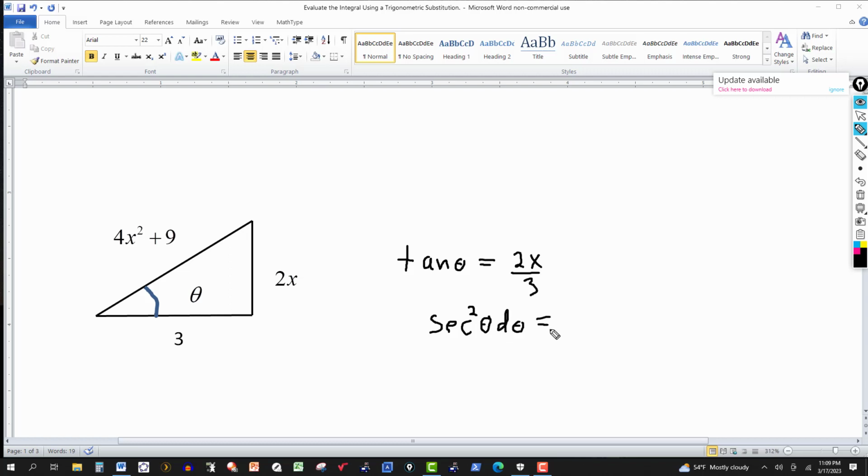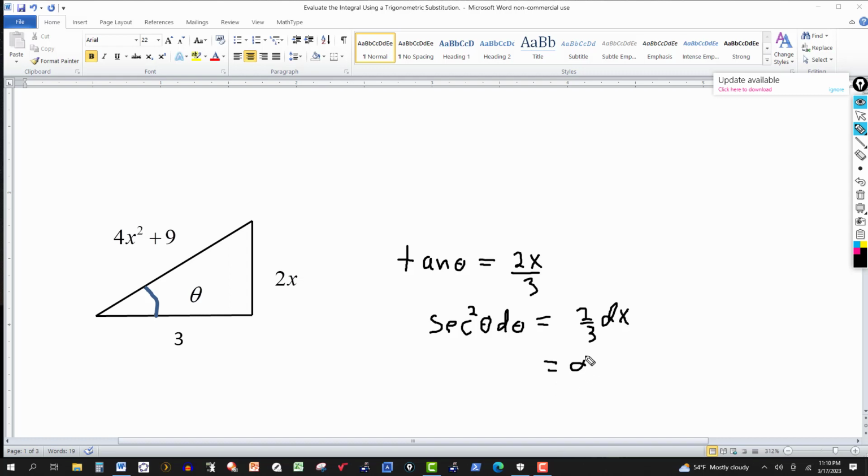So just like we do with the regular standard u substitution, we let u be something, and we want to transform the integral into something in terms of u instead of x, so that we can find maybe an easier way to find the value of the integral. The derivative of the right side will be just 2/3 dx.